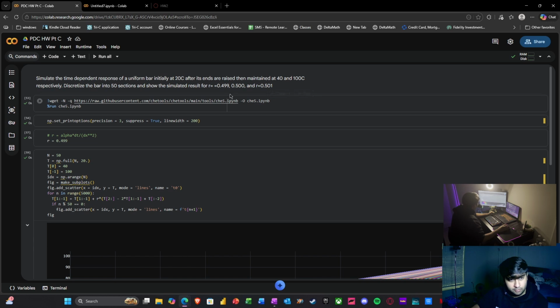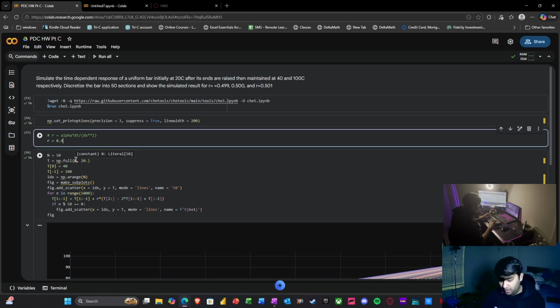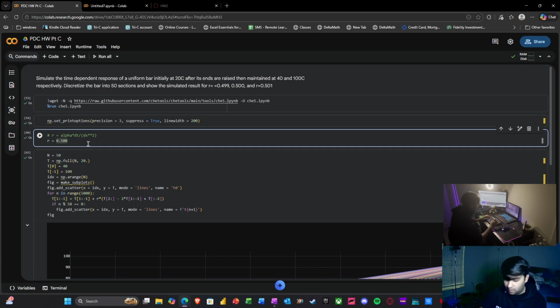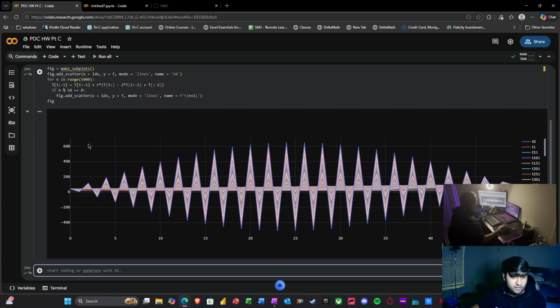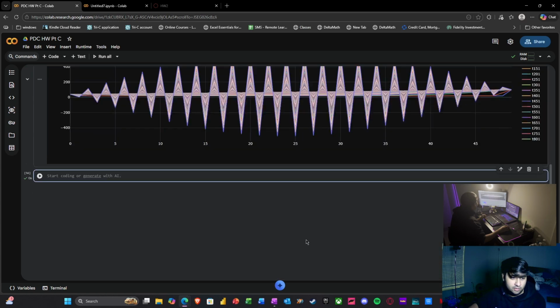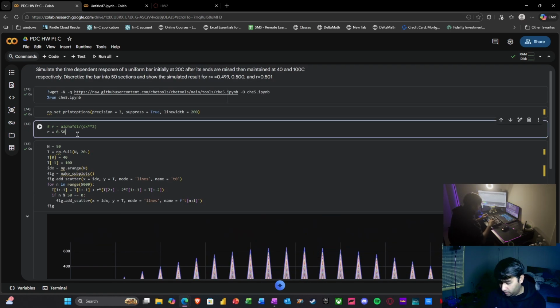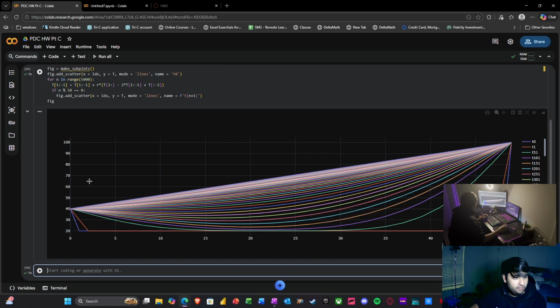But we are given 2 more values, so let's see what happens when we change it to 0.5. Okay, so it's about the same, and then we change it here. Yes, so it kind of goes a little wacky, so I guess our cutoff point would be 0.5.